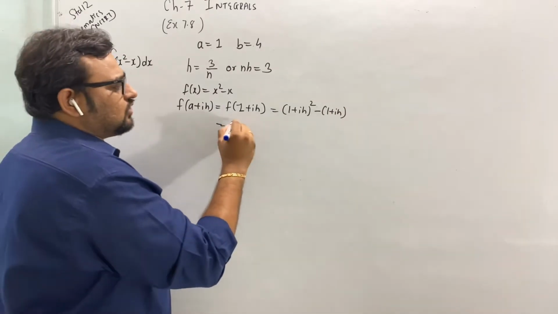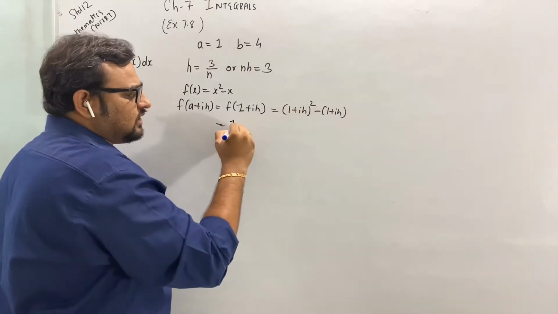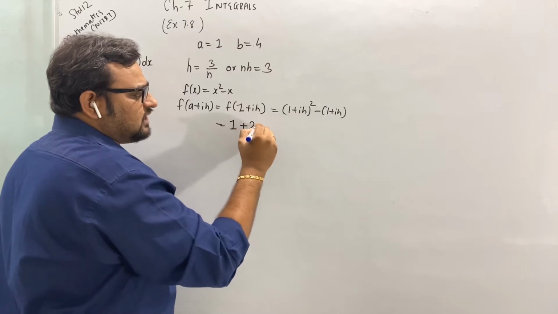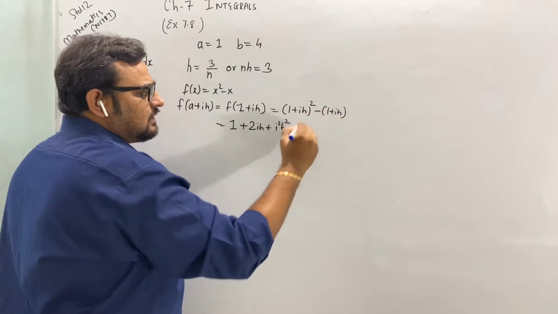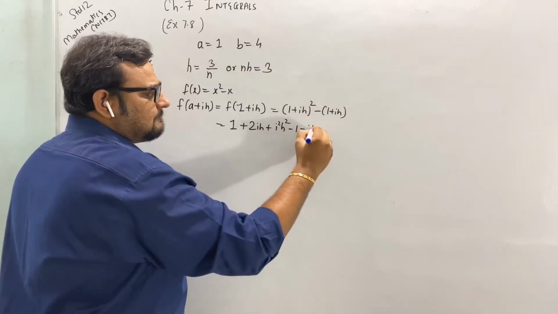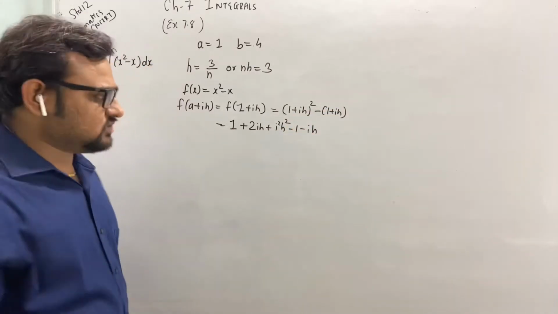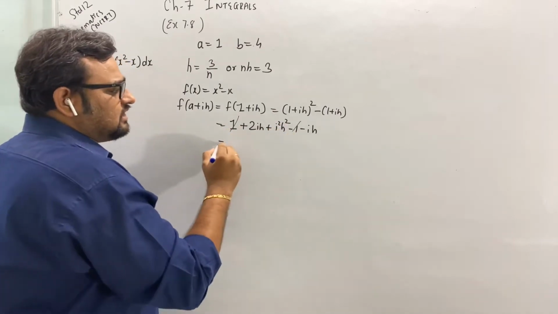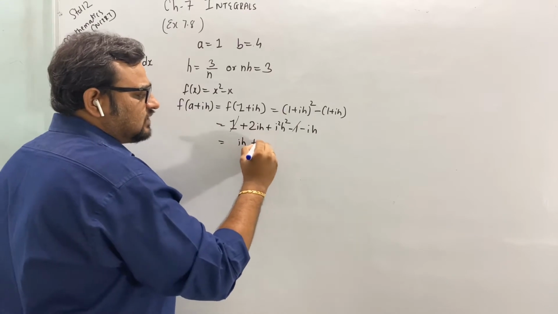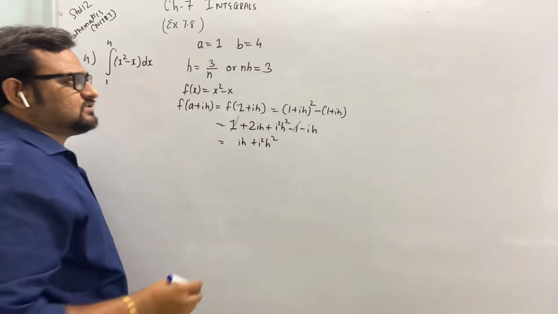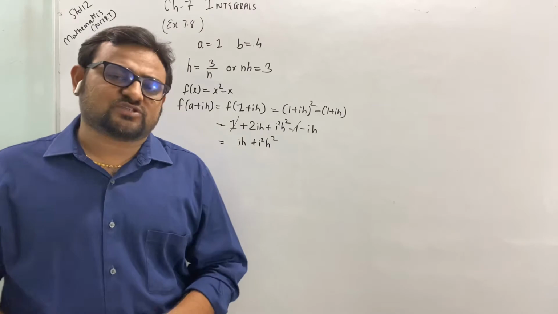This will be equal to, a plus b whole square, a square plus 2ab plus b square, so 1 plus 2ih plus i square h square minus 1 minus ih. So 1 will get cancelled. 2ih minus ih, it will be ih plus i square h square.